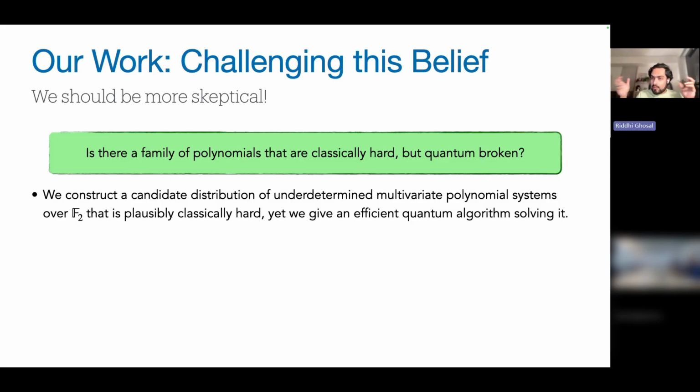And why I say plausibly classically hard is because, of course, there is no way for us to prove that any family of polynomials or any problem is classically hard unless we end up proving something like P not equal to NP. So that's why I only say plausibly classically hard, and that's because we tried all of the state of the art ways to attack these polynomial systems.